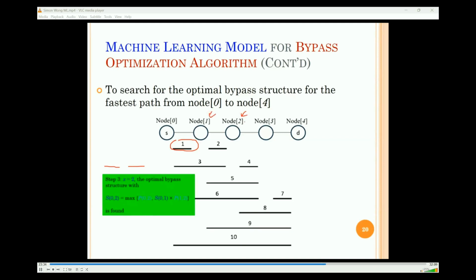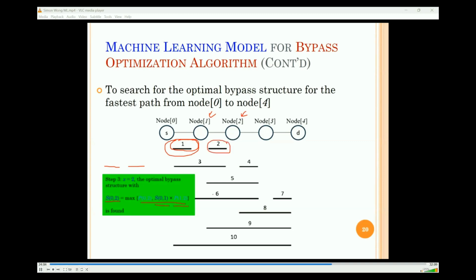Now x is 2. The optimal bypass structure with the availability is equal to the maximum of this. For this one, we've got S01, which is found in step 1, while this one, P12, is found at step 2.